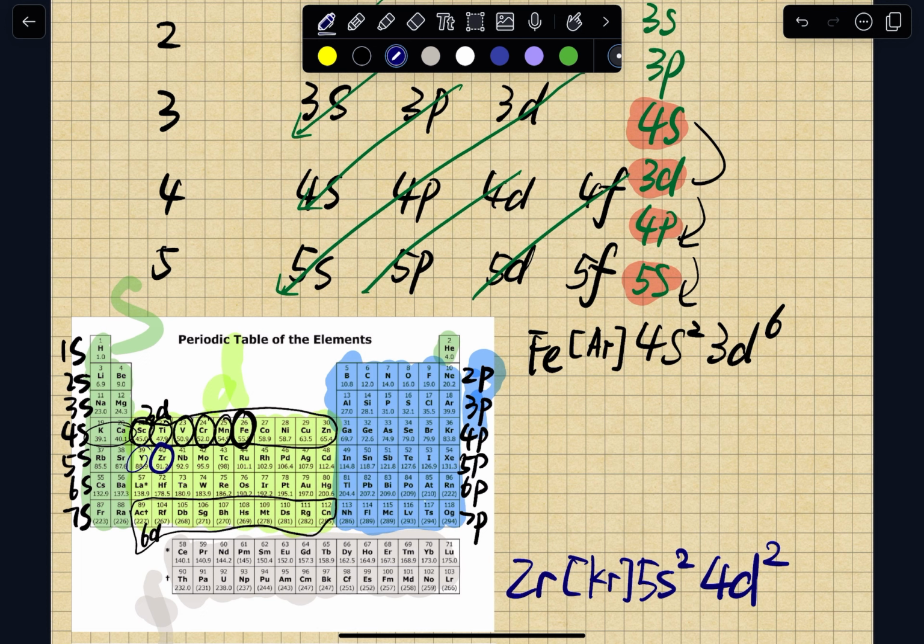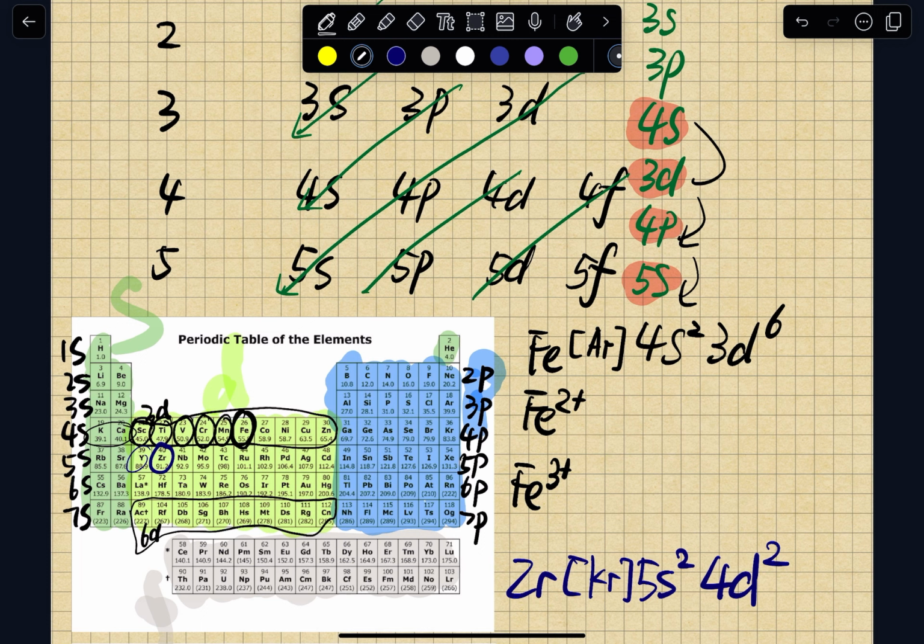So that's fairly straightforward. But on the MCAT, they can make the problem harder, right? For example, they can ask you to write the electron configuration for a cation. For example, what is the electron configuration for iron 2+, or iron 3+?